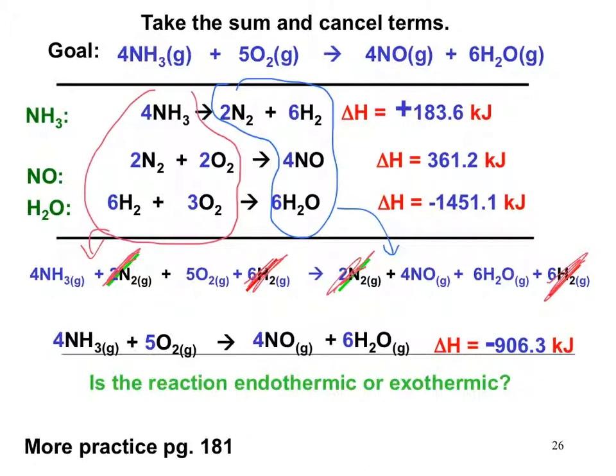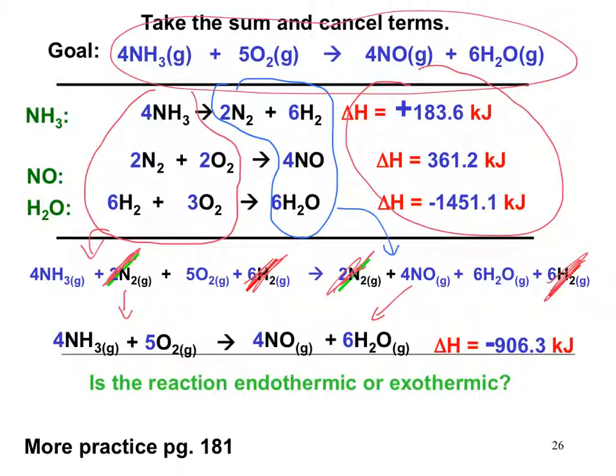And we end up having our remaining reactants and products, which represent our desired overall reaction that we were calculating for. At the same time that we're summing our reactants and products, we're also going to be summing all the delta H values that we calculated based on our equation flipping and multiplying. And this will give us our value down here.